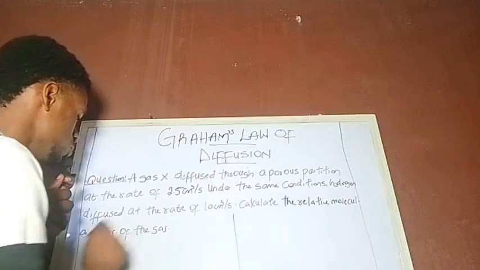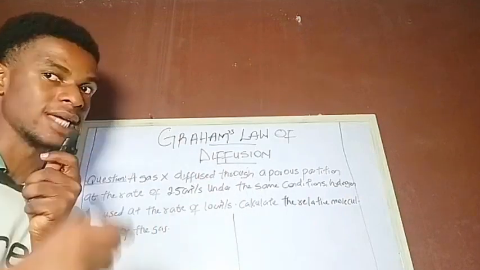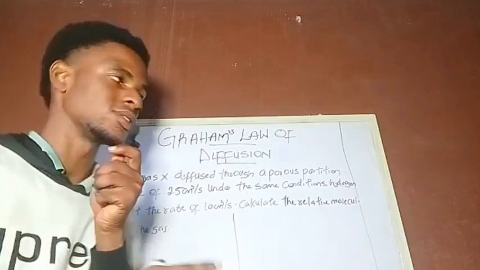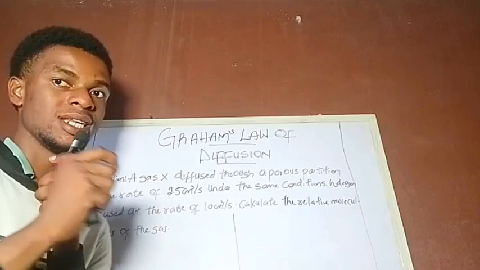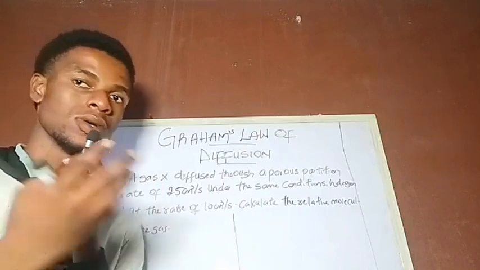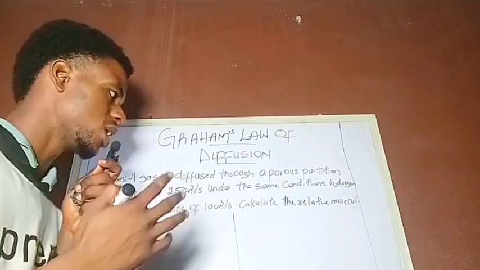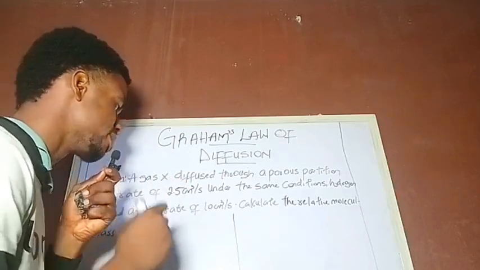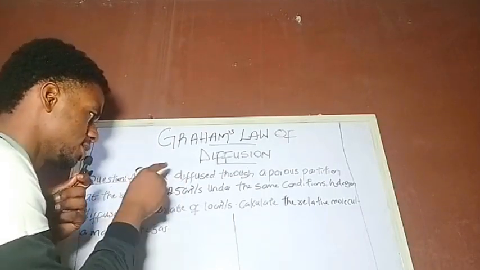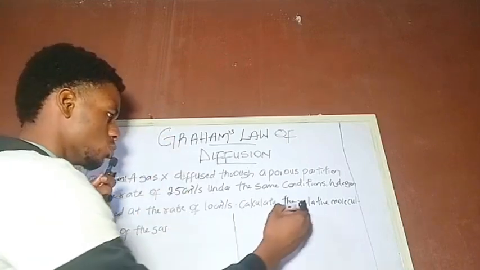Calculate the relative molecular mass of the gas. Now, the gas they're talking about is this gas X. They didn't tell us what the gas represents, whether it is oxygen or any gas. So now, how do we get the relative molecular mass of this gas X? This is what we are going to do.